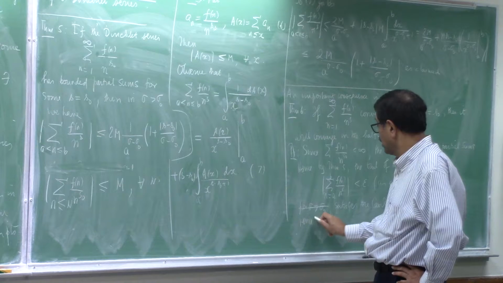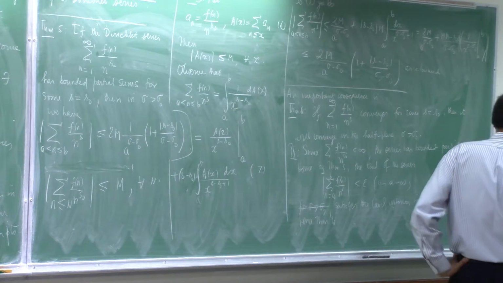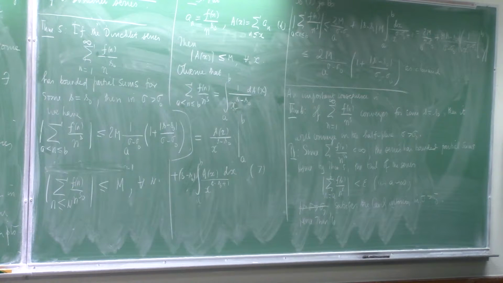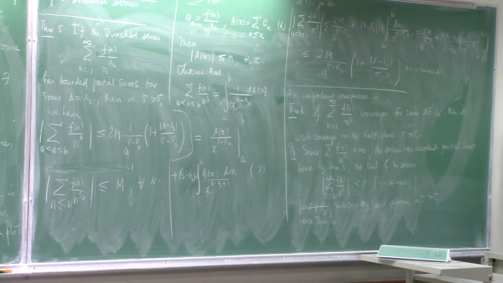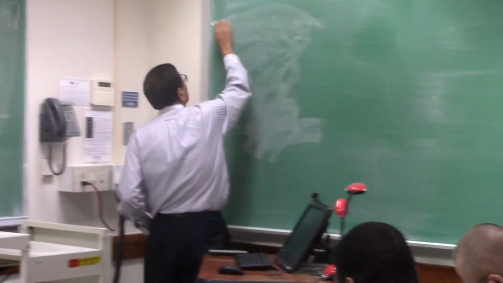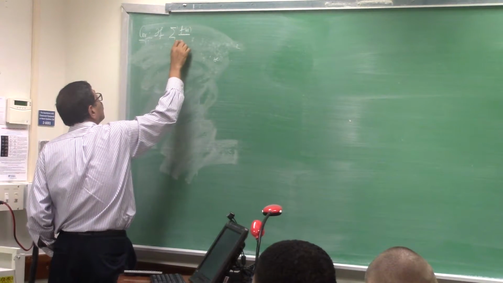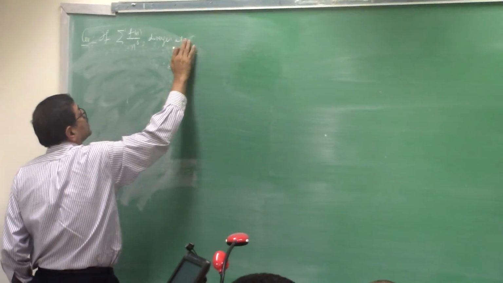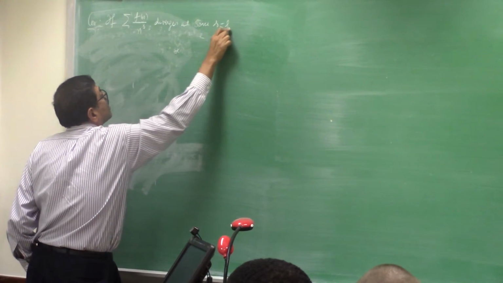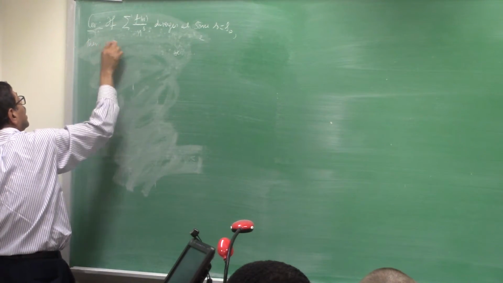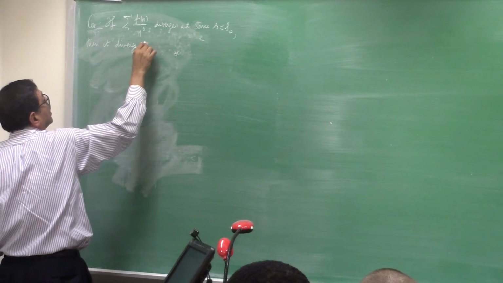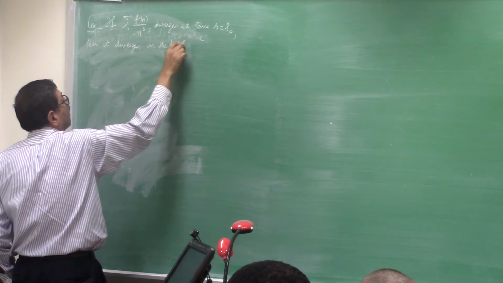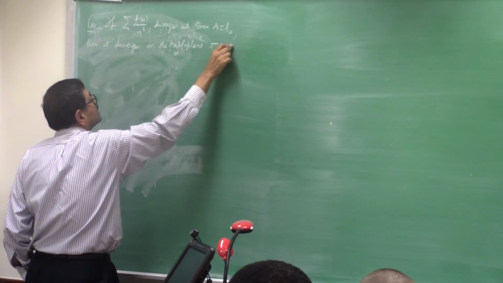So what does theorem 6 imply? It implies that if summation f of n over n to the s diverges at some s equal to s naught, then it diverges in the half-plane sigma less than sigma naught.